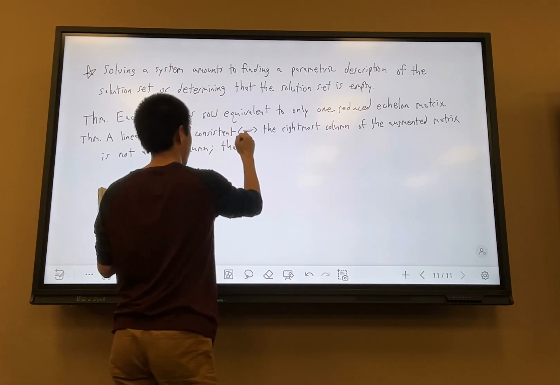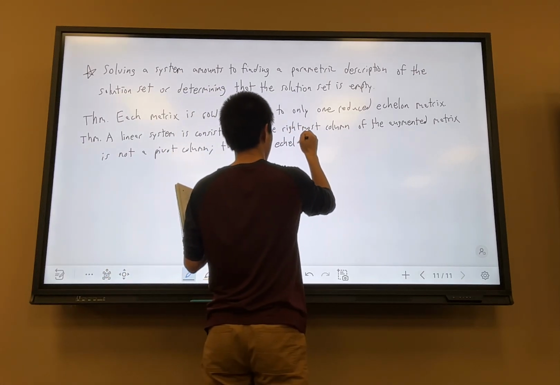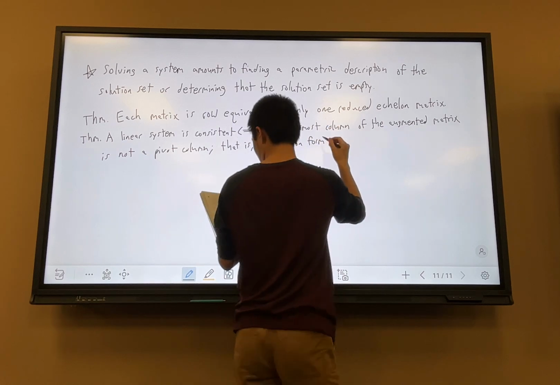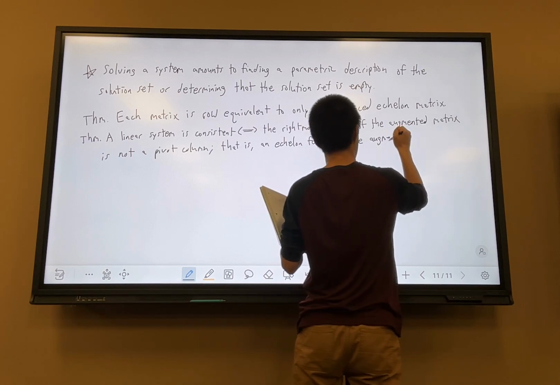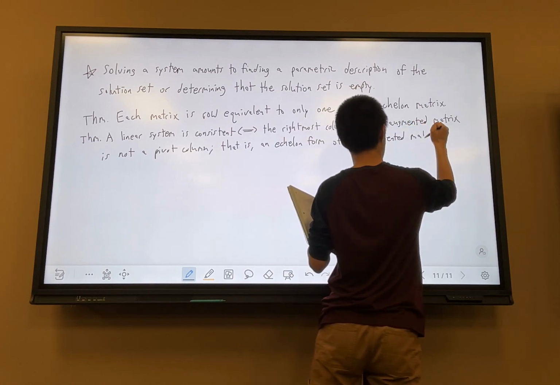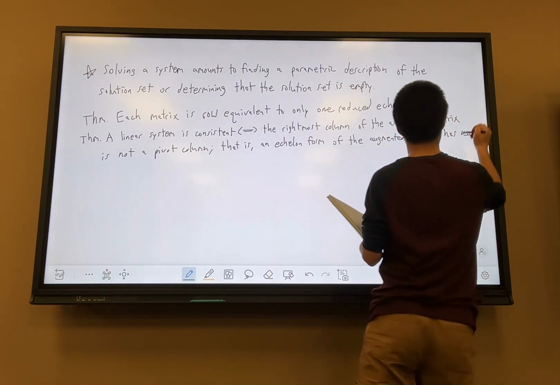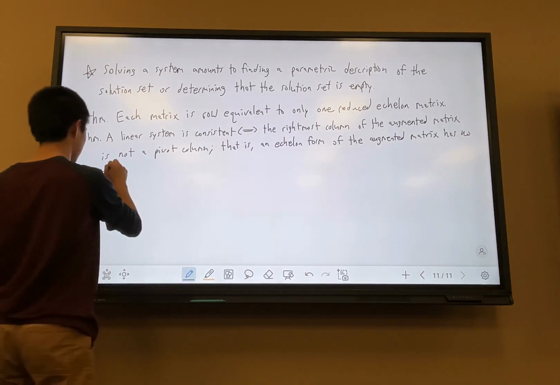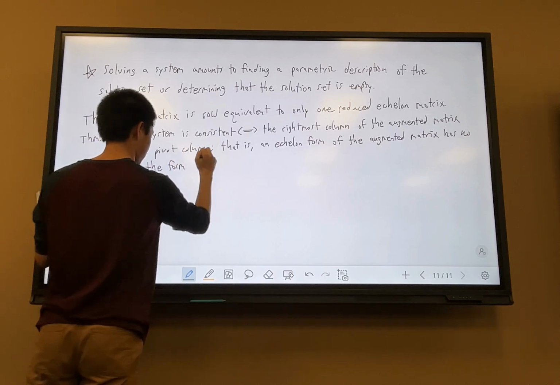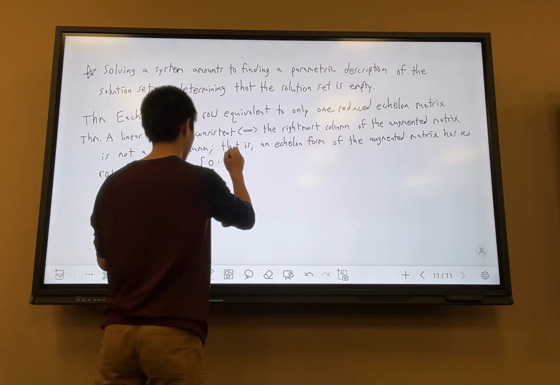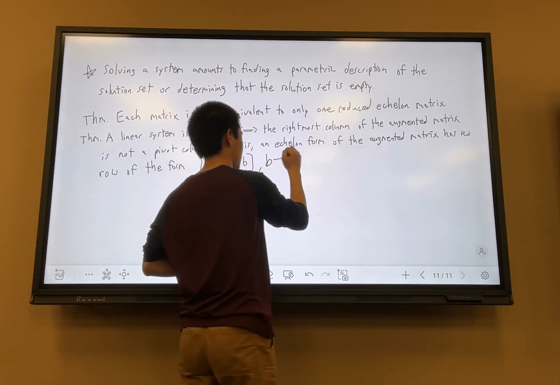That is, an echelon form of the augmented matrix has no row of the form zero, you have a row of zeros and then like a b at the end, where b itself is a non-zero element.